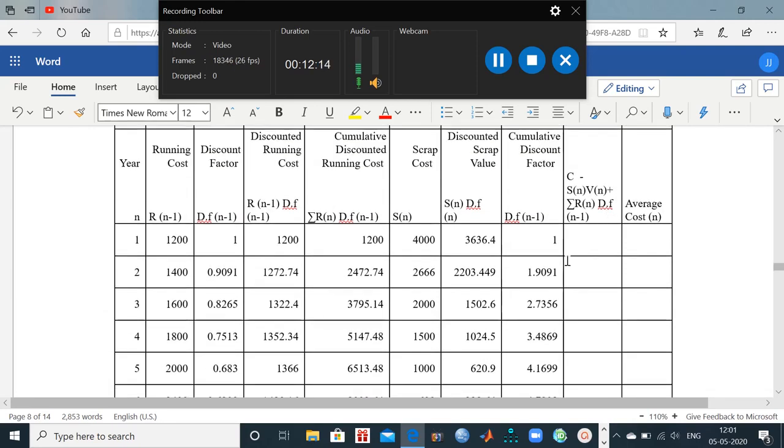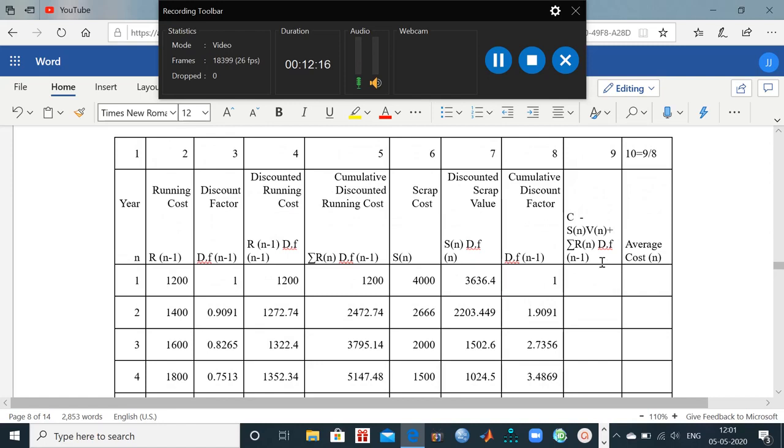Now for the total cost, this is the capital cost, which is 6,000 rupees, minus the discounted scrap value, which is column 7, plus the discounted running cost, which is column 4. So in other words, capital cost 6,000 minus the discounted scrap value plus the discounted running cost.